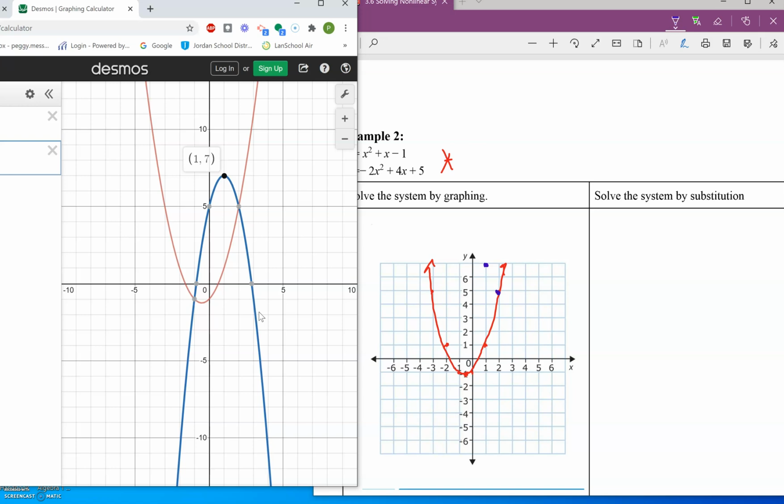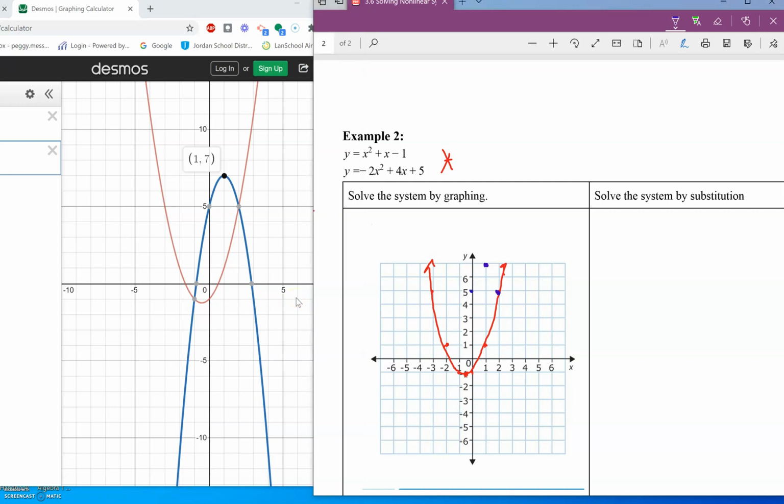What if we put in a 3? What point would we get? Also, on the other side, we get 0, 5, right? Y-intercept is 5.